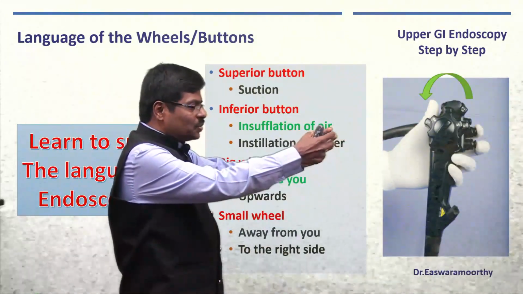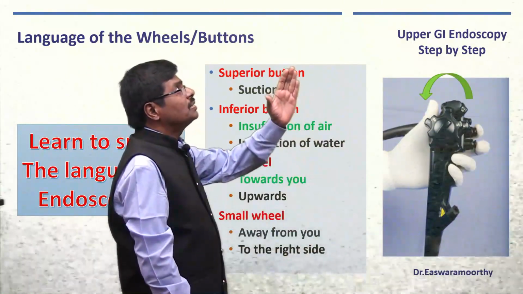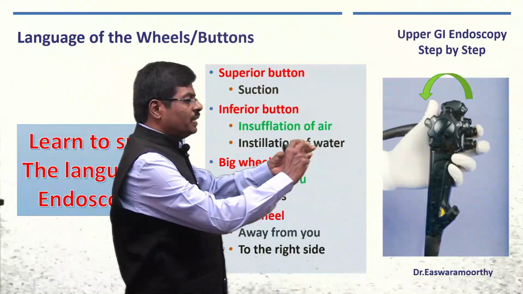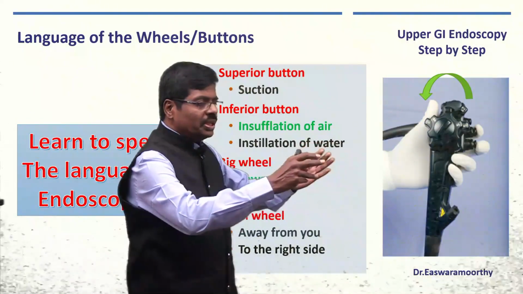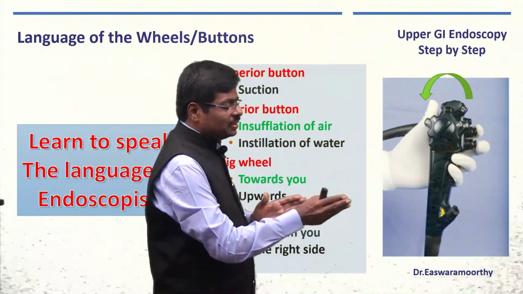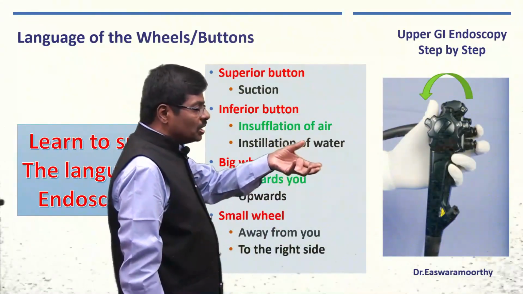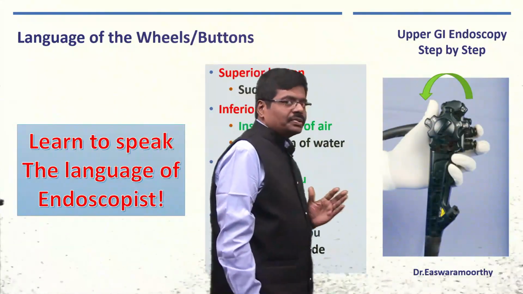As I rotate the big wheel towards me, I start looking upwards, like 12 o'clock. If I turn the small wheel away from me, I start seeing the right side. So, turning to the right is small wheel away, and looking up is big wheel towards. These are the two key movements you should really understand.